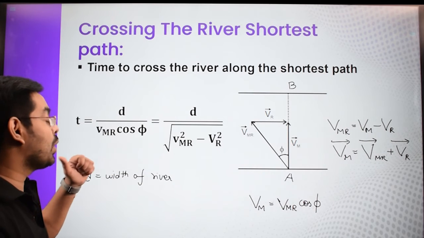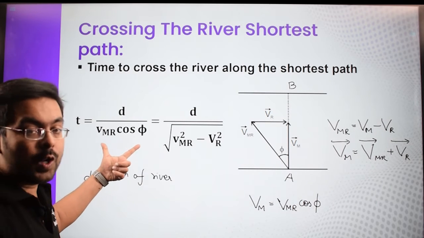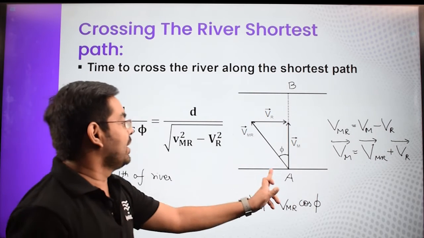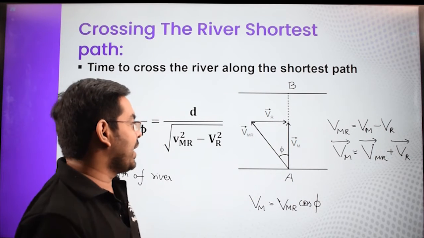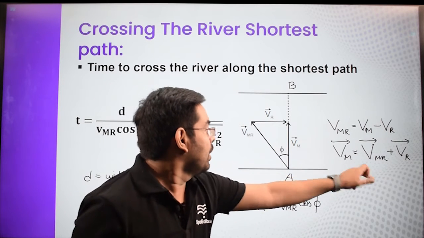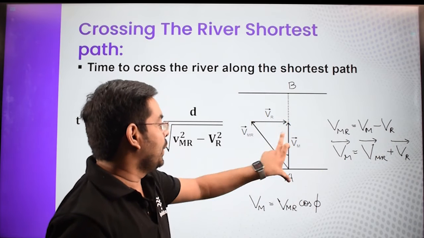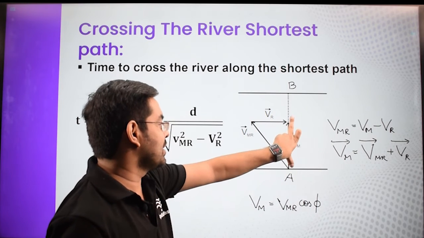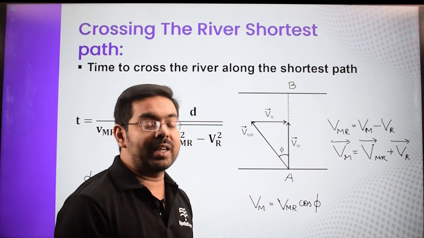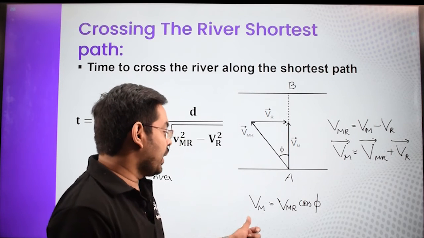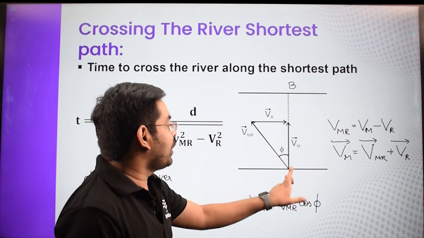Vmr cos phi. Okay, so in this triangle, if we see, vector sum of Vmr plus Vr will give us Vm. This is the line of Vm, vector Vm in the direction along AB. So can we calculate cos phi here?